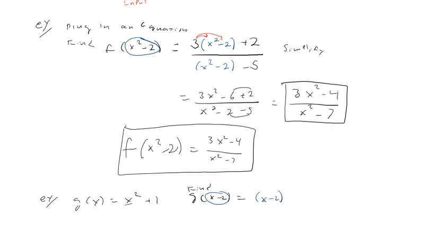Again, I have to simplify. I have to make this x minus 2 squared. Squared means I have 2 of them: x minus 2 times x minus 2, plus 1.